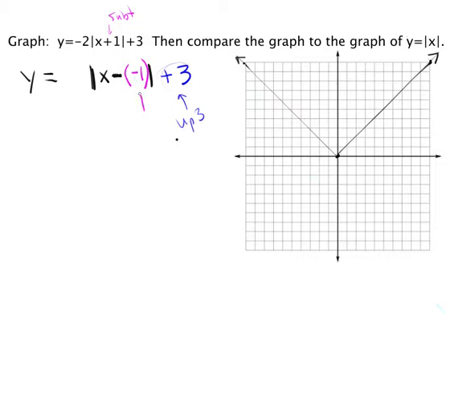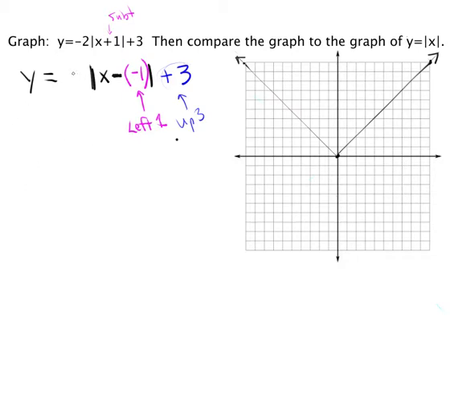So that means that this is my left and right horizontal change. So the -1 is a left 1. So all points are up 3, left 1, and we'll focus on the vertex.